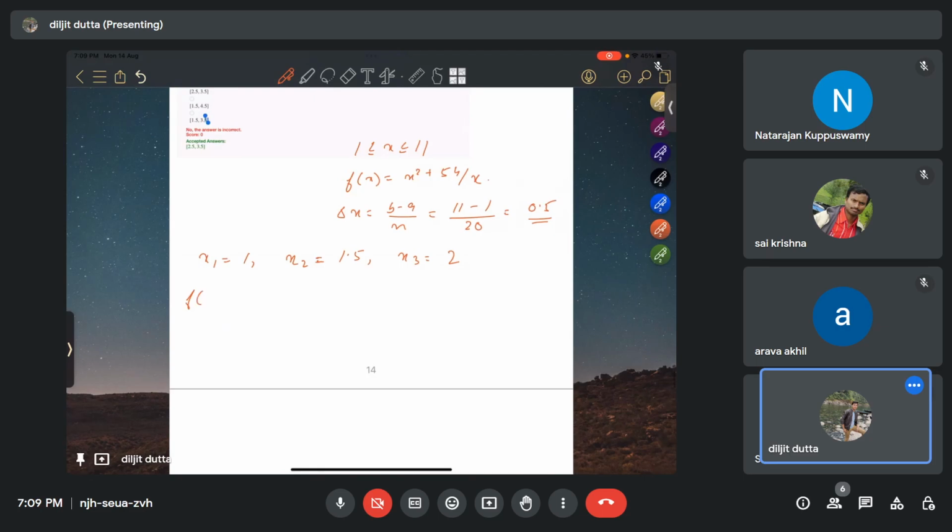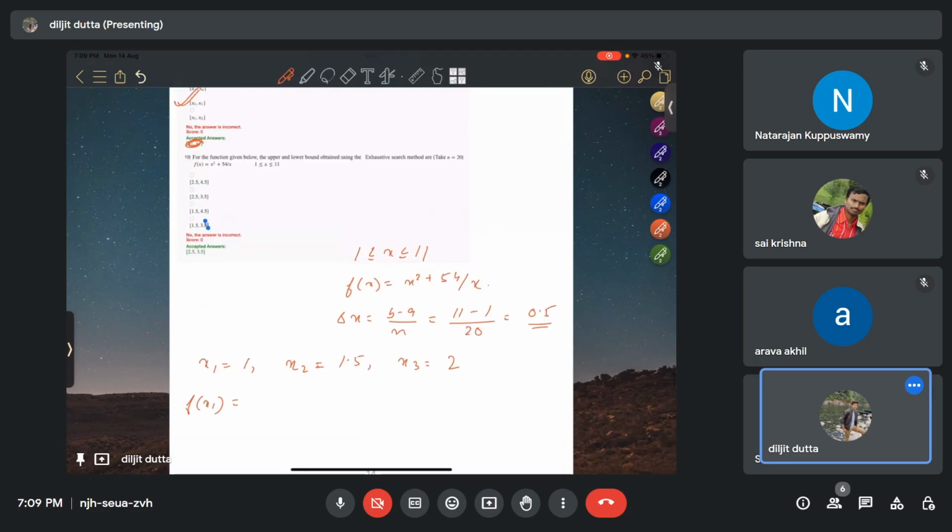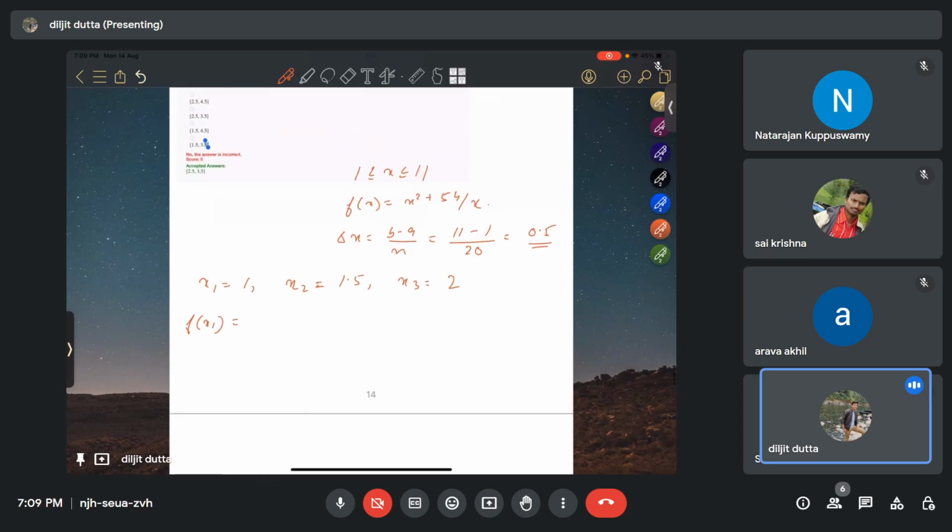So again f of x1 is equal to how much? 1 plus 54, I think it will be 55. f of x2, we will just evaluate this function.